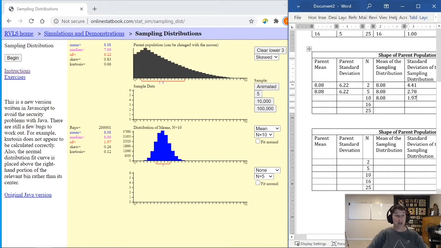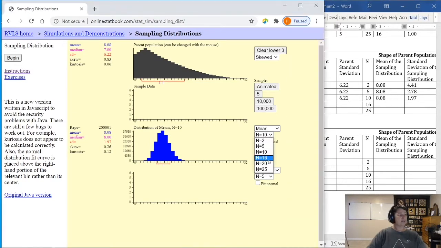It got smaller. And notice the shape of this. My mean and my median are getting really close to one another. So it's looking more and more normal, more and more symmetric. The parent was still there at 8.800 and 6.2200.